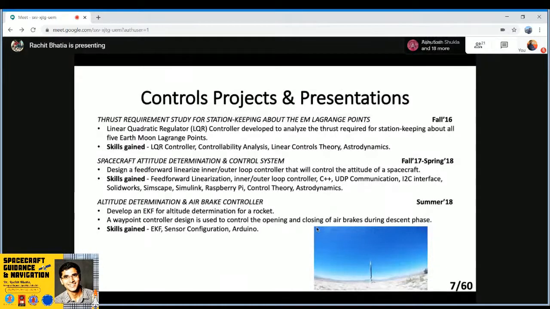So I developed an LQR controller and analyzed the thrust required for station keeping. I also worked on a spacecraft attitude determination and control system of a CubeSat, and I designed a feed-forward linearized inner and outer loop controller to control the attitude, basically the orientation, of a spacecraft.